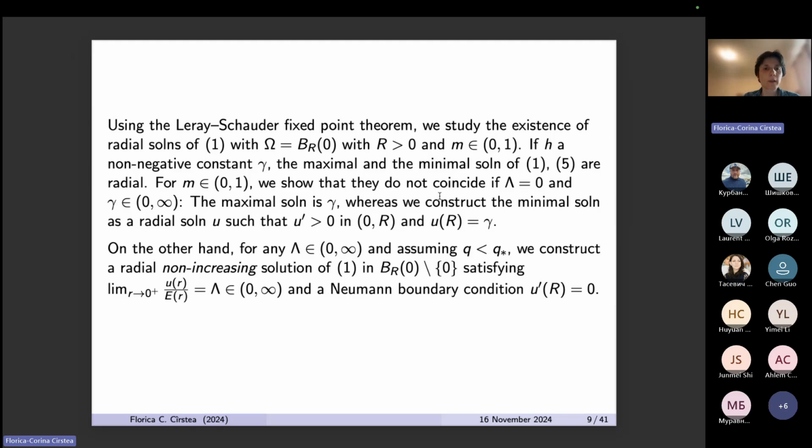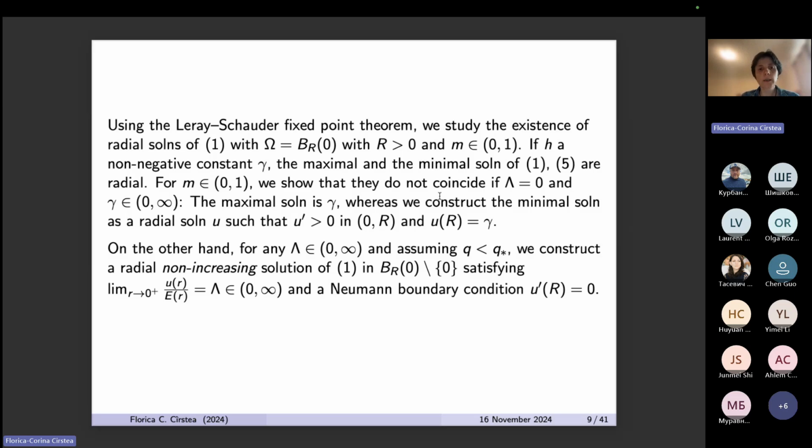If capital lambda is 0 and gamma is finite and positive, for example, the maximal solution will be gamma, the constant you take on the boundary. And we construct, on the other hand, the minimal solution, which is a radial solution with the derivative strictly positive in (0, r) and taking the value gamma on the boundary of the ball, so on the sphere, u of r equals gamma. So clearly we do not have uniqueness.